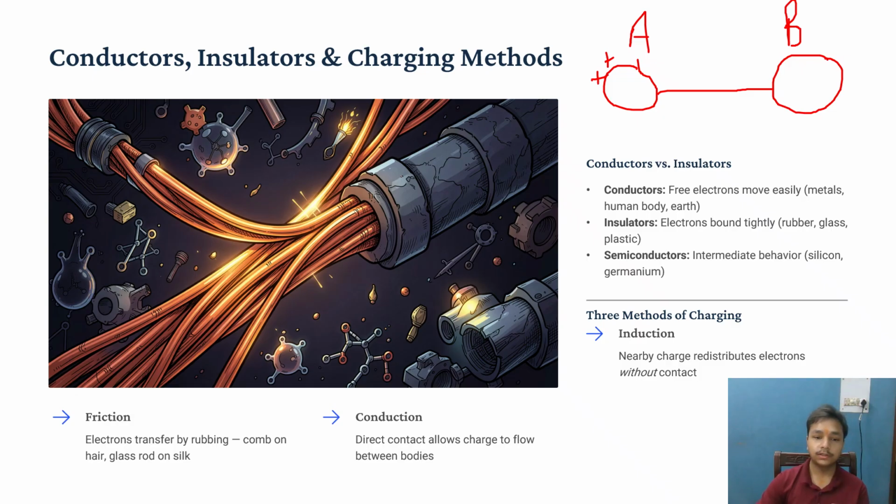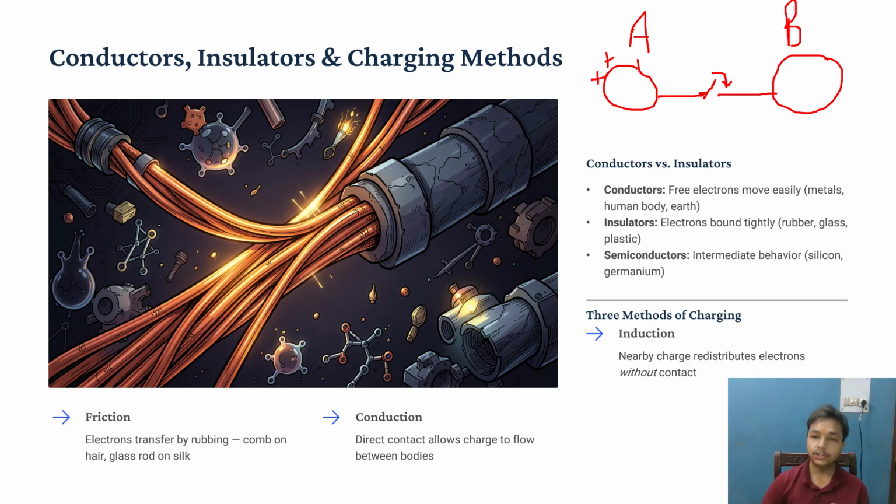Let me erase this and draw it once again. Suppose this is the charged body and this is the uncharged body, and if we turn the switch on, the charged body is connected to the uncharged body, then the charge flows from the charged body to the uncharged, that is the neutral, body.